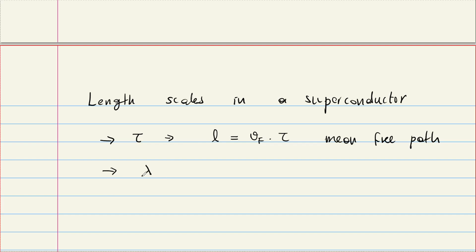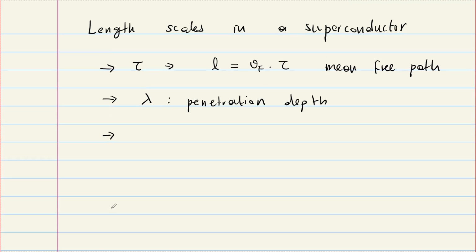Now we also had introduced this lambda, the penetration depth. This is the second length scale. And a third scale, that I have to give you a hint, is the so-called coherence length.